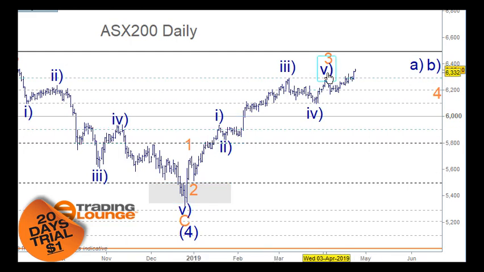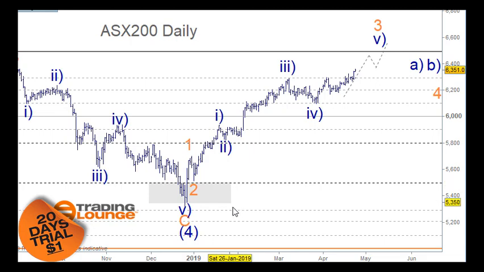So we had this labelled in two different ways. We've had it labelled as wave 3 on the top there. We've also had it labelled as a little wave 1 and back for wave 2, which is the right move. And then we're looking for wave 3 to the upside here, and wave 4 and wave 5 heading a little bit higher. So let's just go in and have a look at this little area.